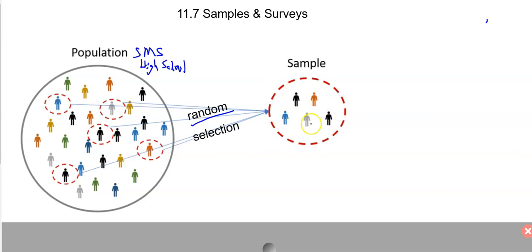Now, the thing about a sample is, let's just say you find that Justin Bieber is the favorite band of everyone at St. Mary's. You cannot extrapolate that beyond the population of St. Mary's.